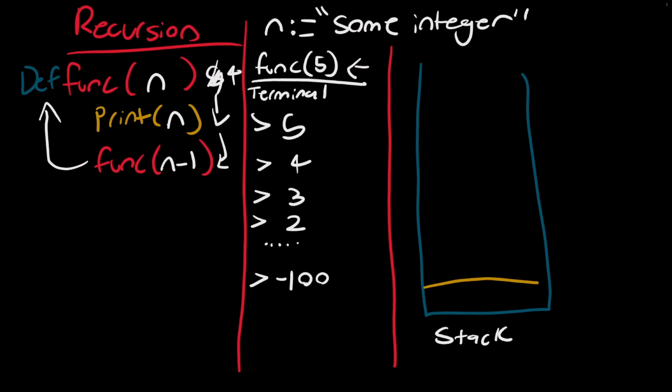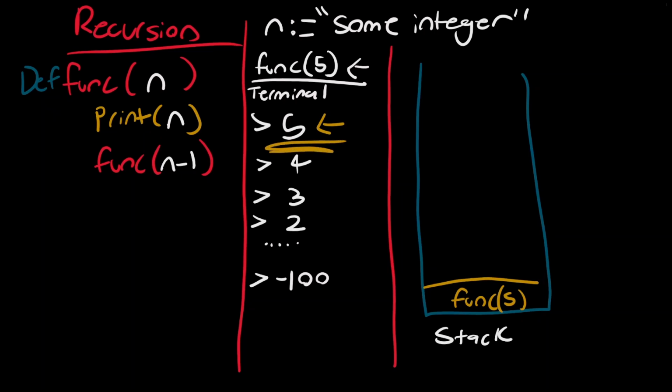what functions we visited or what functions we need to go back to after we've done it. So say our first function call here is func5. It goes through this function, sees our print, prints the 5, and says, whoa, hold up. There's another function call. Before I continue with the rest of this function, I need to dive deep into what this n minus 1 is.